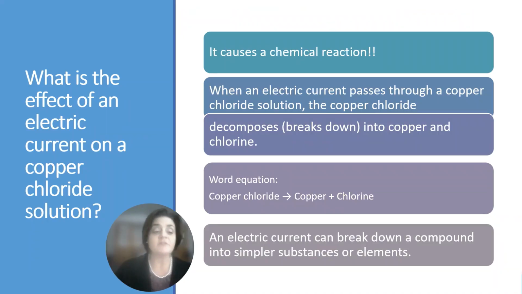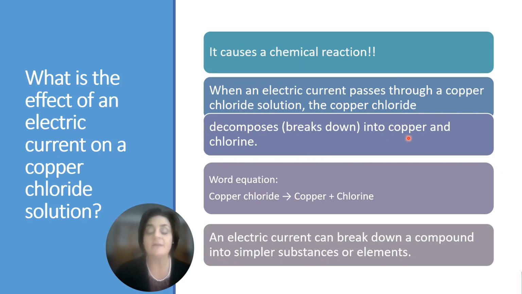So the question was, what is the effect of an electric current on a copper chloride solution? I hope you realized that it causes a chemical reaction. Let us recap. When an electric current passes through a copper chloride solution, the copper chloride decomposes, or breaks down, into copper and chlorine.